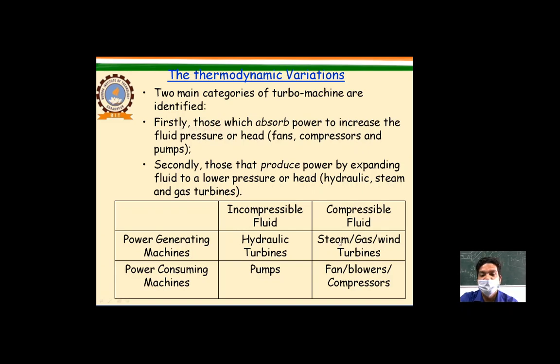All turbines have the same function, the main motive to generate mechanical power. If the working fluid is steam, then the turbine is known as a steam turbine. If the working fluid is gas, then it is known as a gas turbine. If the working fluid is wind, then it is known as a wind turbine.